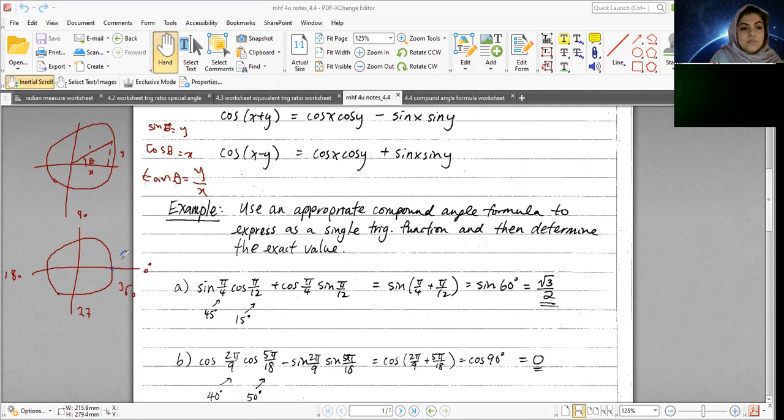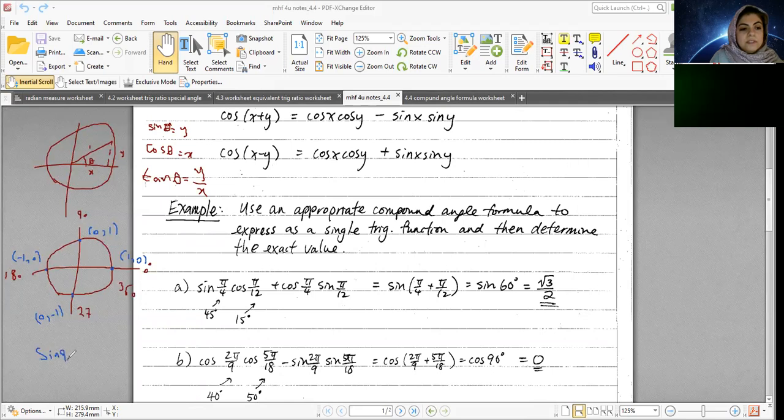This point is 1, 0. This point is 0, 1. This point is negative 1, 0. This point is 0, negative 1.